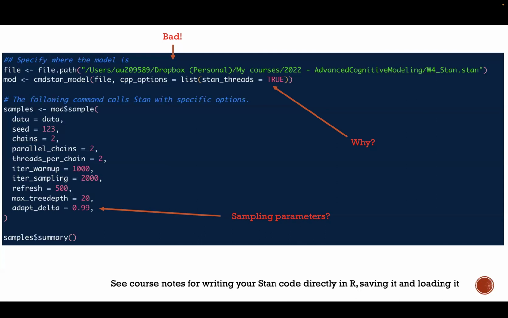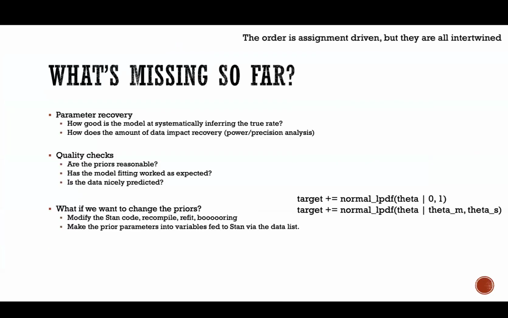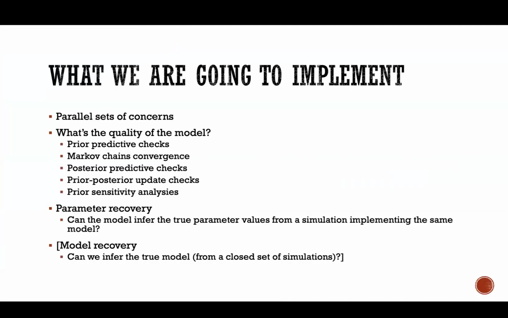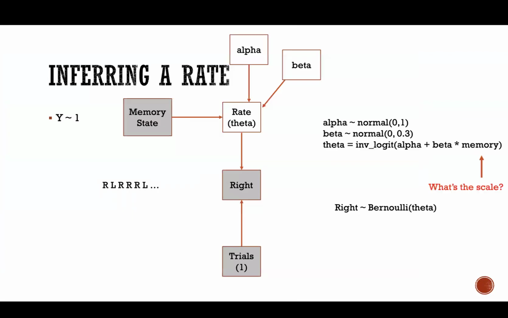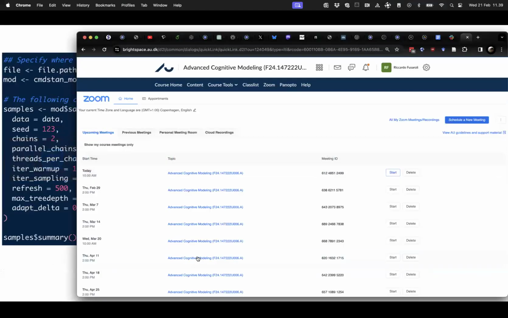Actually, no, I'm actually going to go on the internet and show it to you if I put it here. Do I have it? No, I don't have it. Let me just find it.